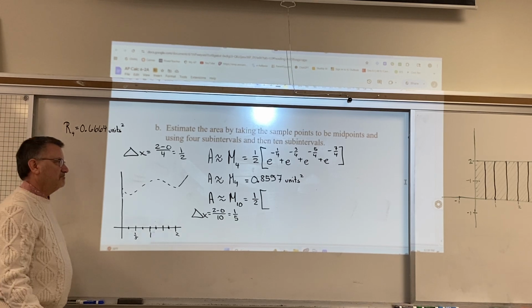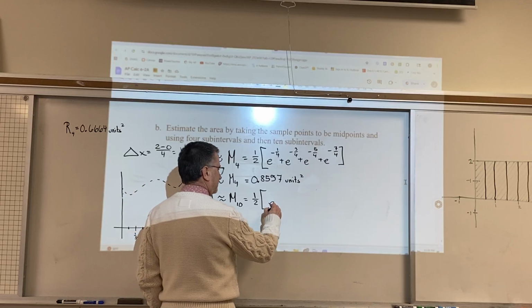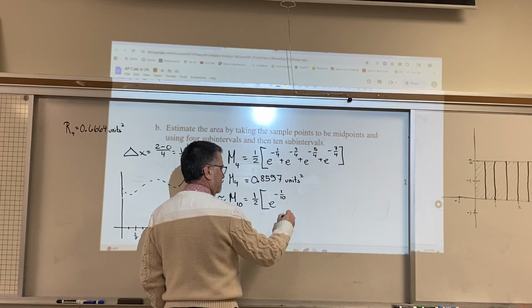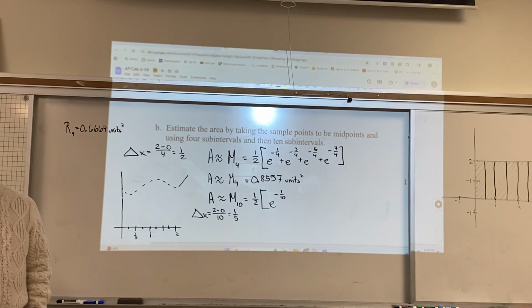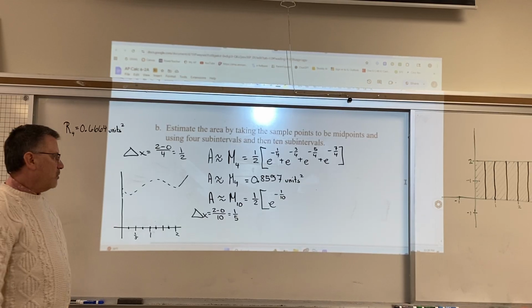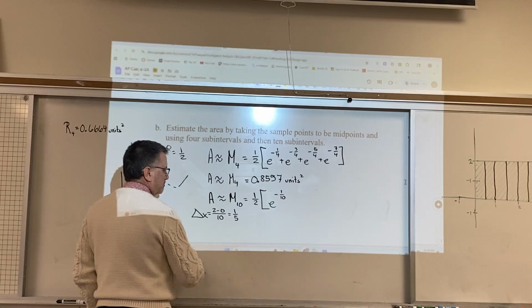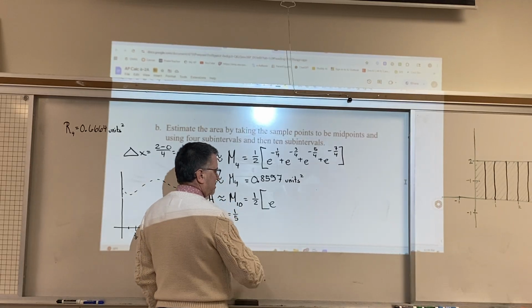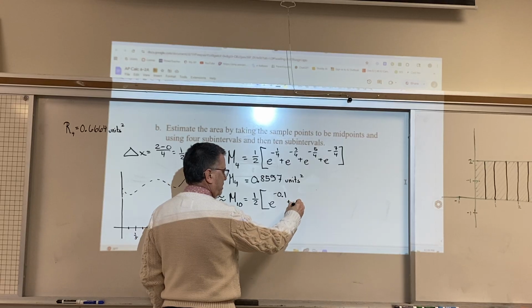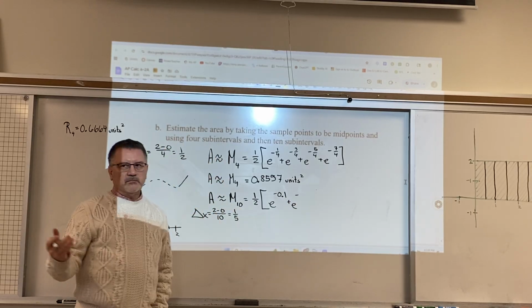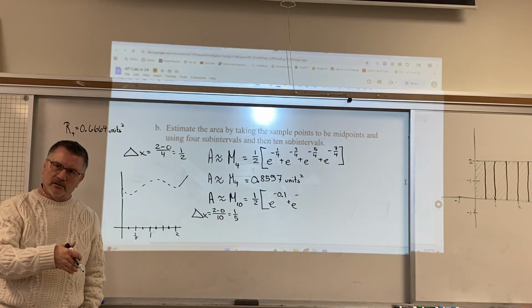1/10. 1/10. Which, hey, let's do one with decimals, okay? So negative 0.1 plus e to the negative, and then what's gonna be the next midpoint? 0.3.